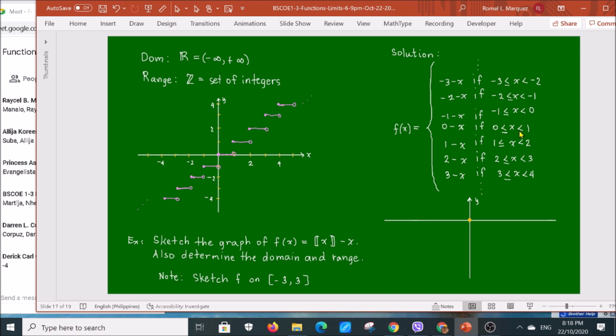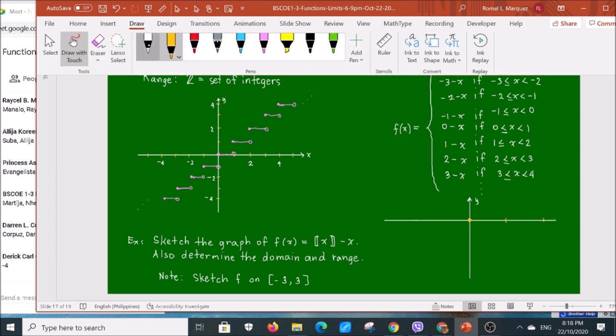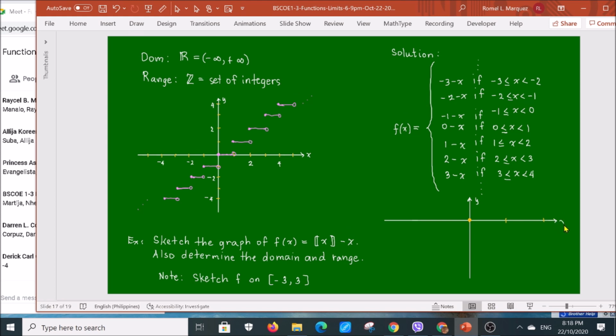When x is 1, 0 minus 1 is negative 1, but not included. Let's say this is 1, this is 2. This is x.